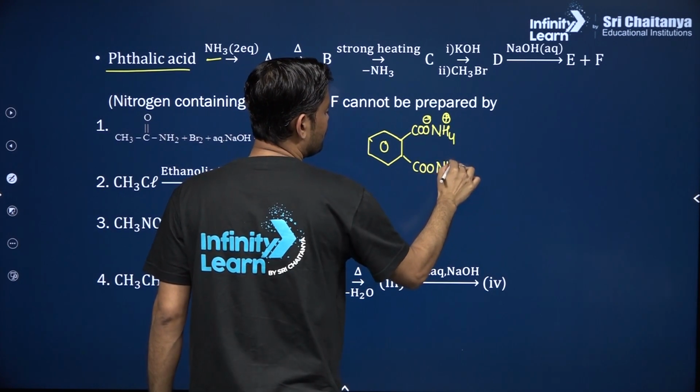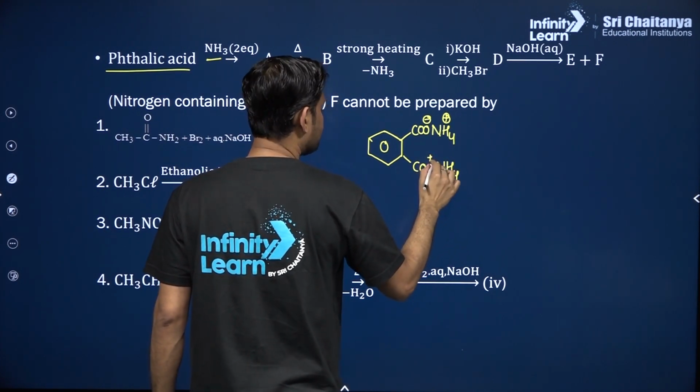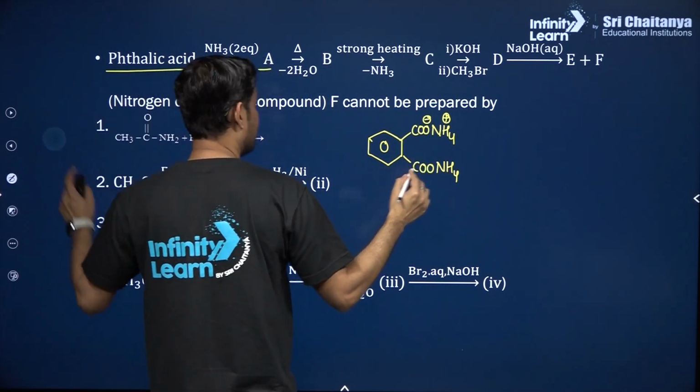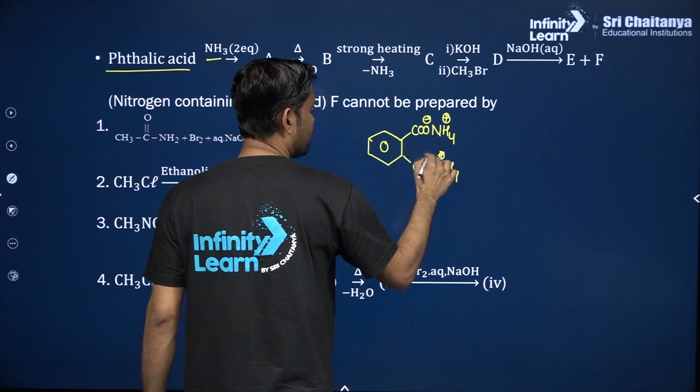Similarly over here, ammonium phthalate, acid base reaction will take place. So NH4 plus and O minus ion.